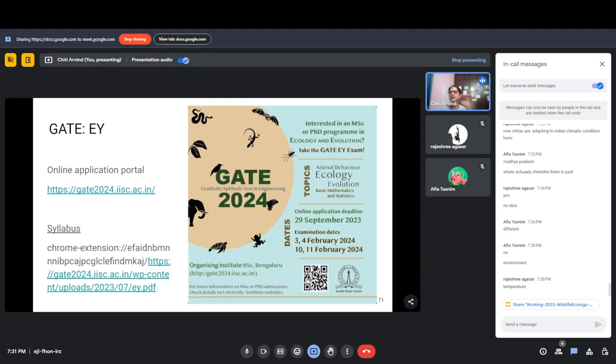This is a standardized test that, if you clear it, enables you to apply to ecology and evolutionary programs in any of the IISERs, JNCASR, any of the IITs and IISc in Bangalore. The deadline to register for this exam is the 29th of September. And if you are interested in this field, this might be a good exam to take.